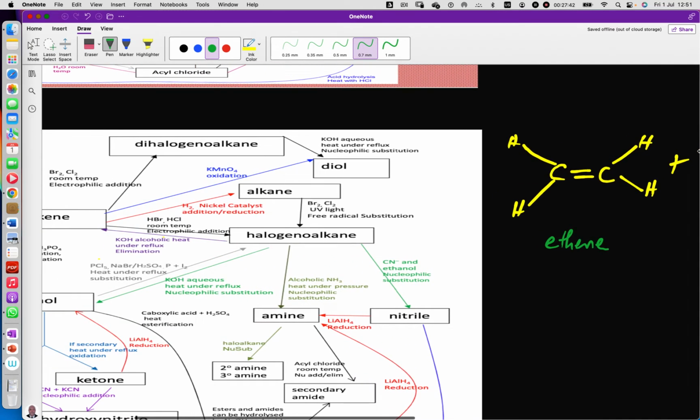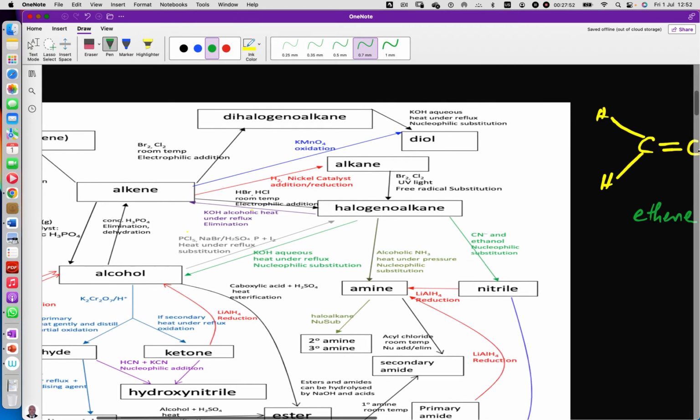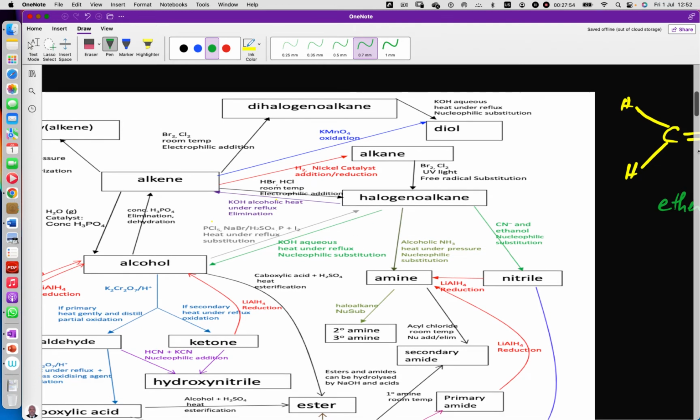Another reaction of alkene. We are done with that one, let's see another reaction of alkene.